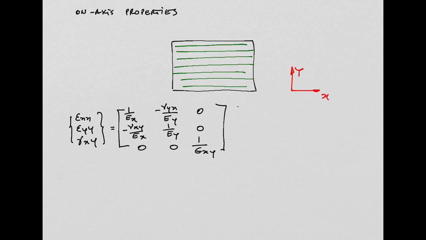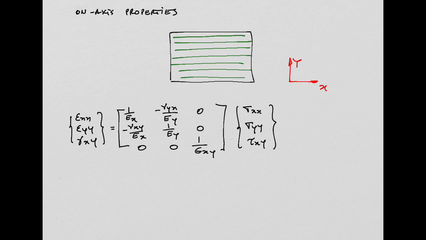And of course, this matrix will multiply the stresses. So this is a relation for a lamina with this particular configuration, very well aligned, so the fibers aligned with the x-axis.